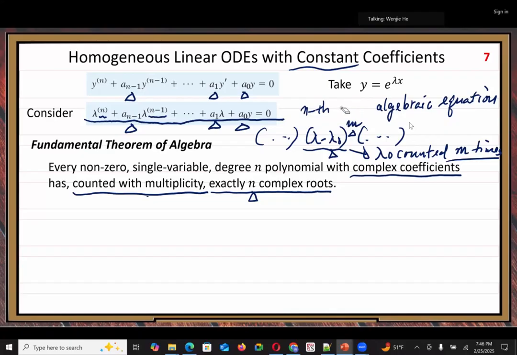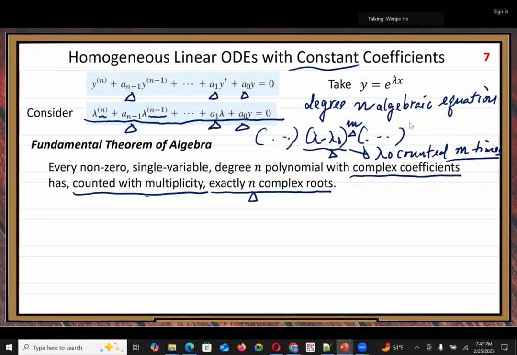I wrote nth order here, but I should write degree n, and I should be very careful. For the ODE we use order, not degree.